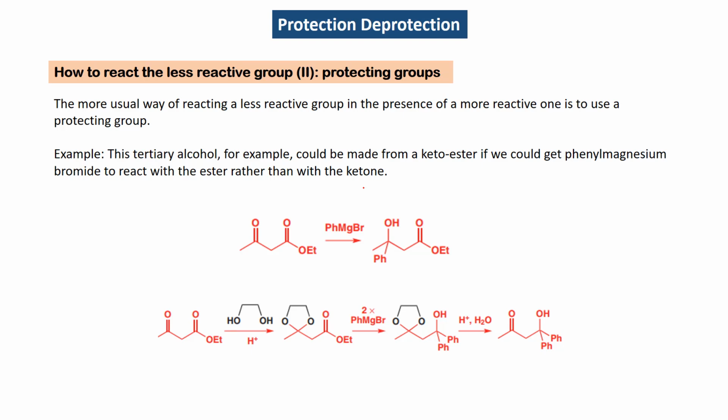Whenever there are two reacting groups, suppose in your substrate there are two functional groups having a similar kind of nature, like one is an aldehyde and another is a ketone. Now you are adding some base, so it can attack both. Or you are adding a strong reducing agent, suppose LiAlH4, so it can reduce both systems.